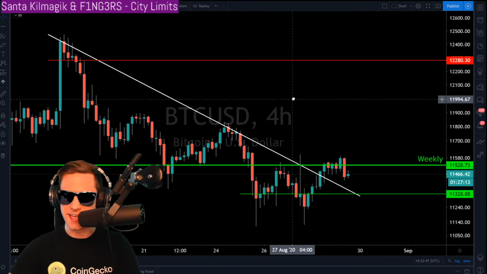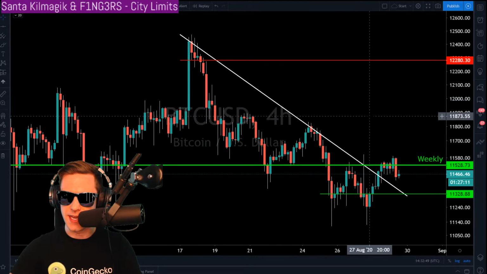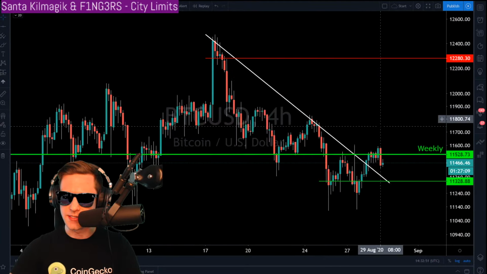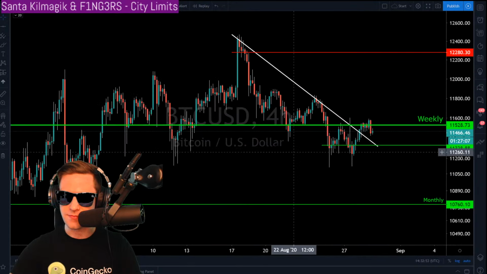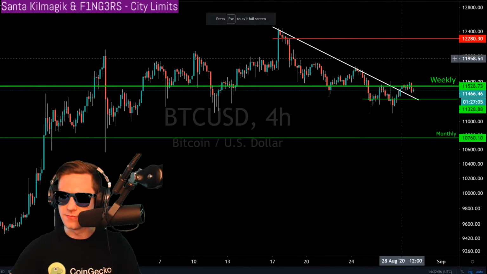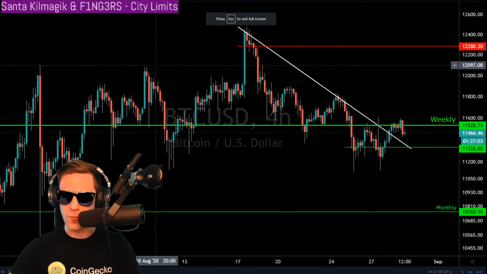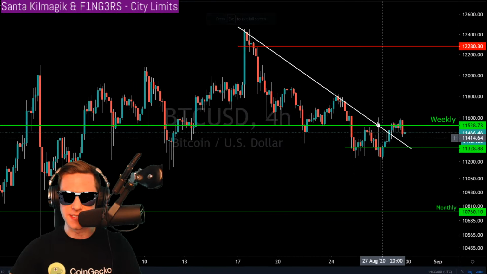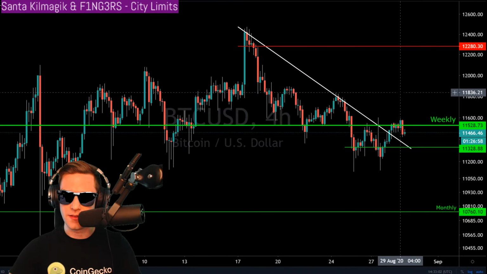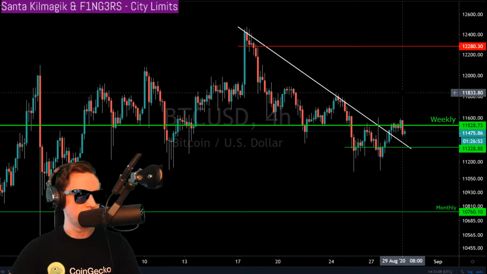Now that we get down out of the dailies and the weeklies and more on the hourlies, this is where it gets a little more interesting, and probably more interesting to you guys. We can find these support and resistance levels on any time frame. The shorter the time frame, the less likely they are to have an impact for long periods.